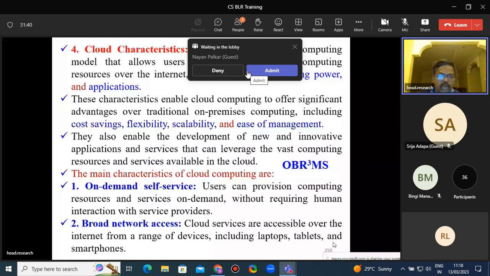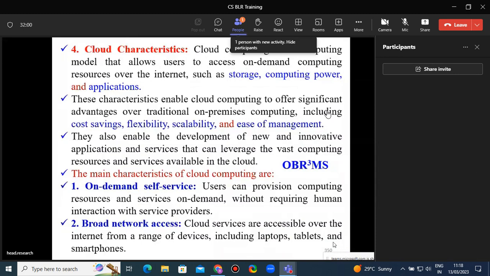O stands for on-demand self-service. Users can provision computing resources and services on demand without requiring human interaction with the service providers. It's pay and use.